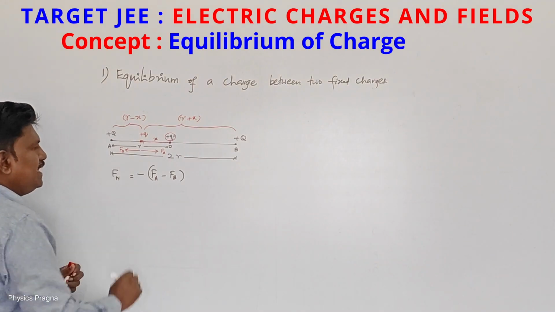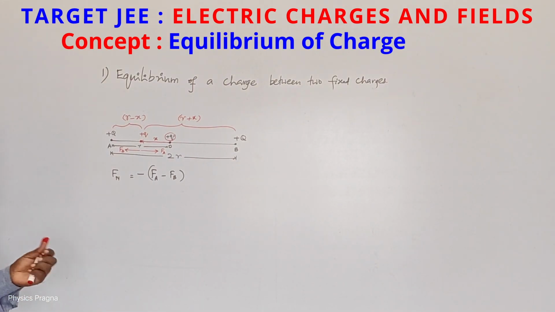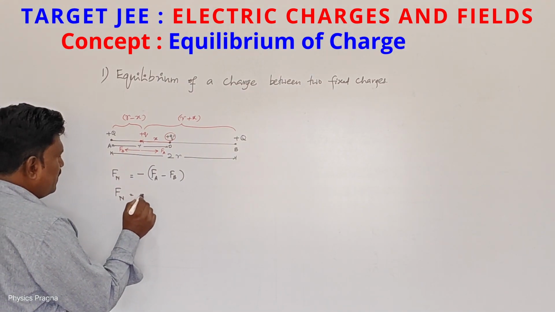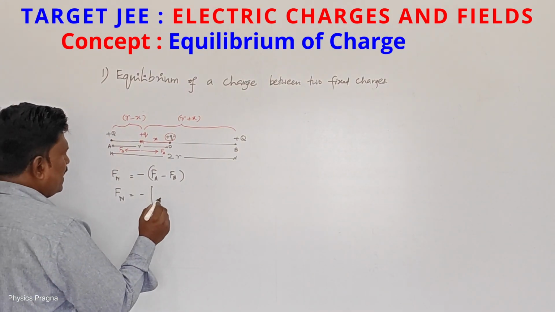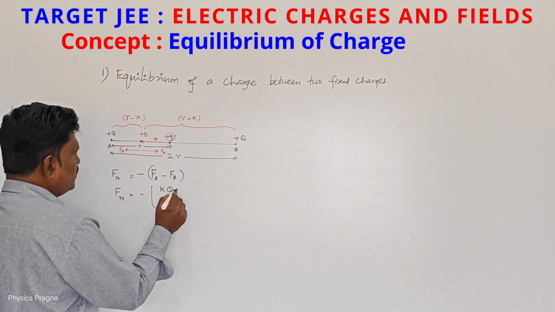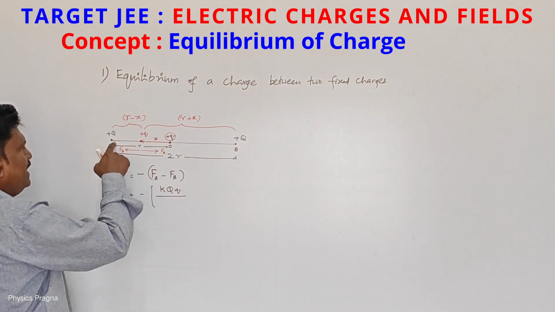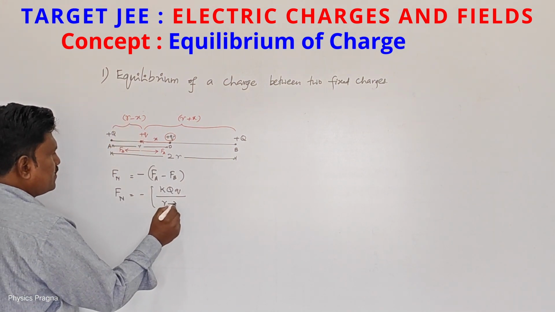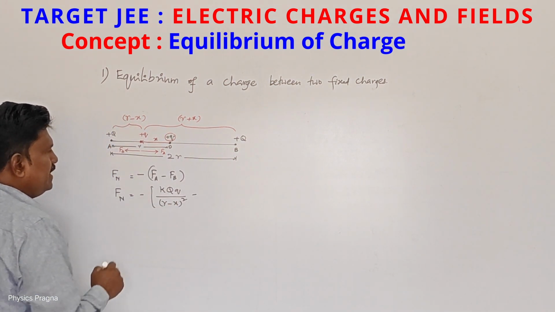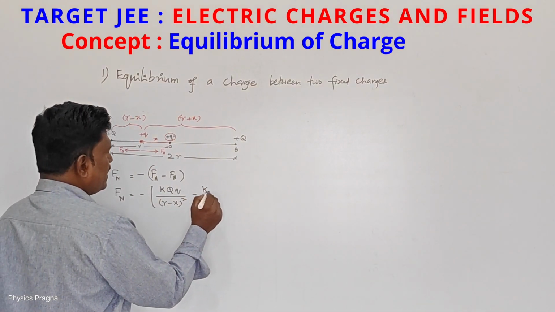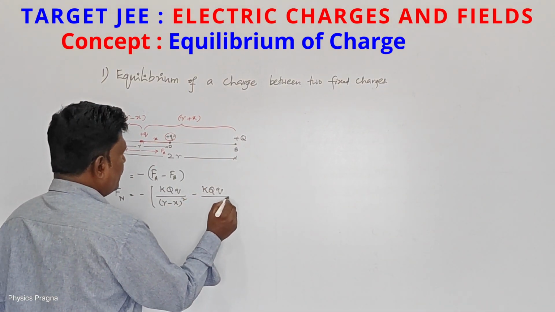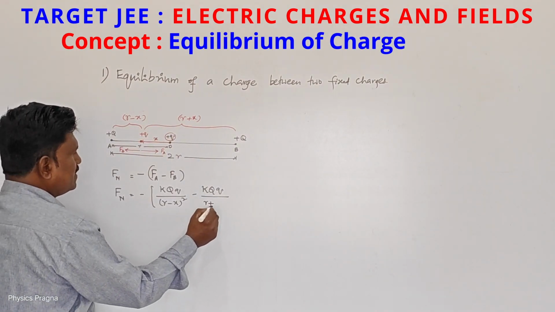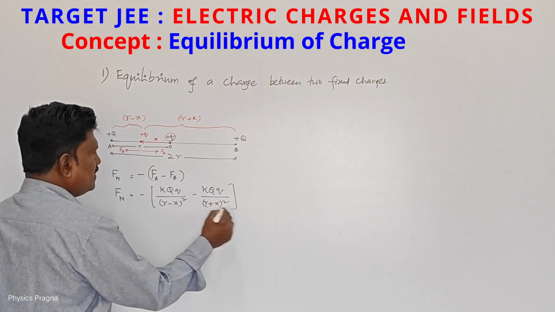The nature of this force is repulsive, that's why I have written minus. So net force is equal to minus of K capital Q small q by r minus x whole square, minus K capital Q small q by r plus x whole square.